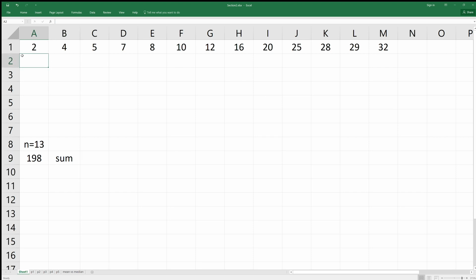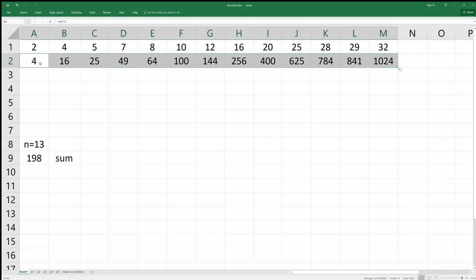Now, separately, what I'll do is I'll square each number and then add them up. So the only thing I really have to do with the list is square each number. Now I am going to cheat a bit because I am lazy. There we go.